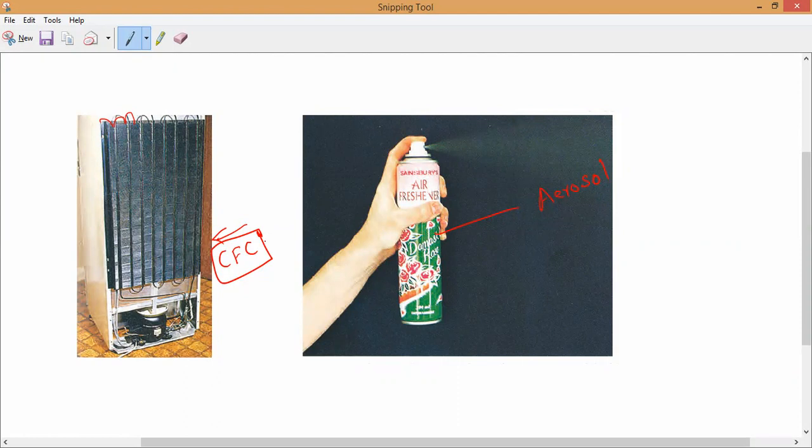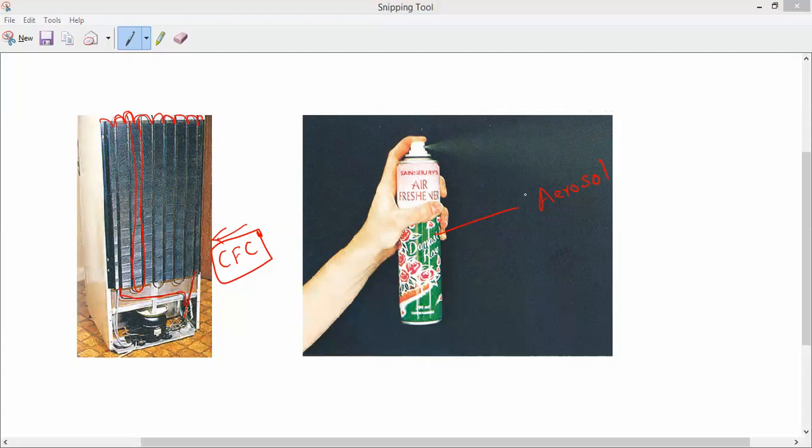The CFC refrigerant circulates through the pipes at the back of the refrigerator. Whatever pipes you are seeing, we are living with the poisonous, most dangerous chemical in our home itself. Everything is CFC. Is it okay, Karthikeyan? Go and check your refrigerator. Every fridge has this backside. The circulating substance is CFC chemicals only.